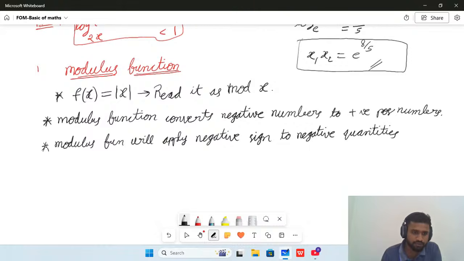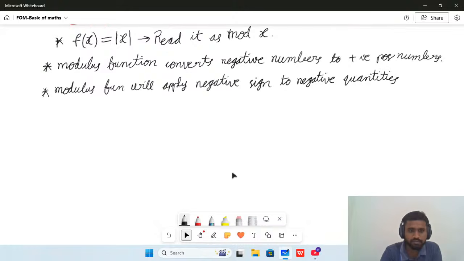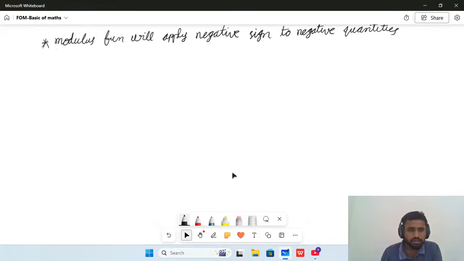So for example, one second, modulus of minus 5. What is the modulus of minus 5? Modulus of 5 will be equal to 5 only.